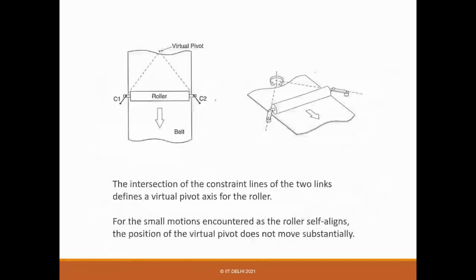So what can be done is you can provide these constraints so that they intersect at this point, right? And then instantaneously you rotate. So it's a virtual point, but just knowing that if I place the constraints in this way, I'll be able to find this point, and that solves the problem.